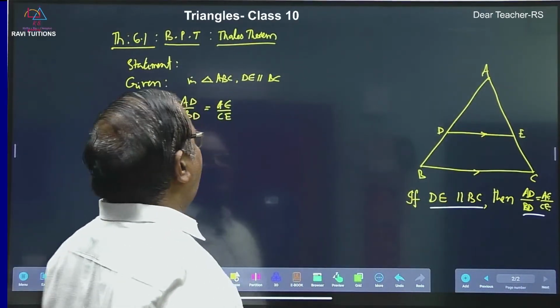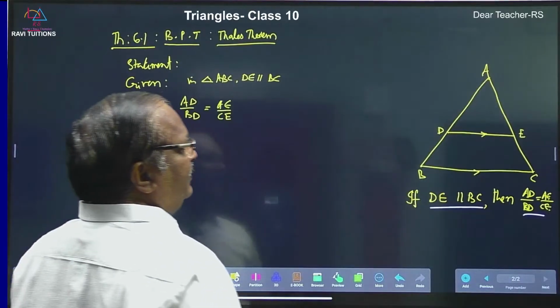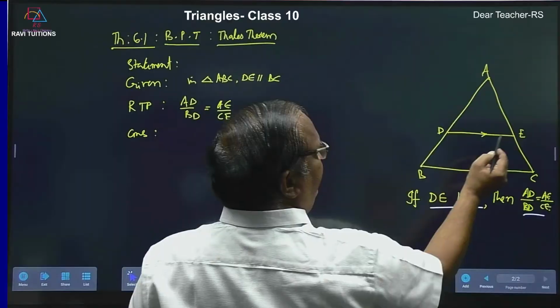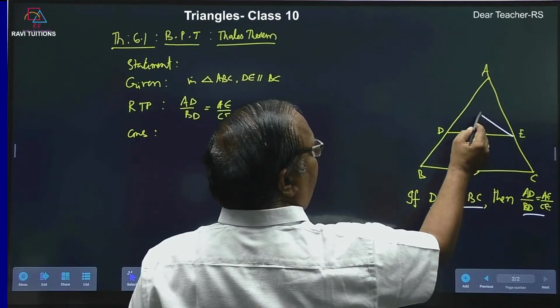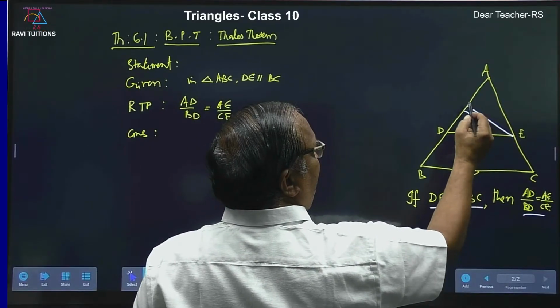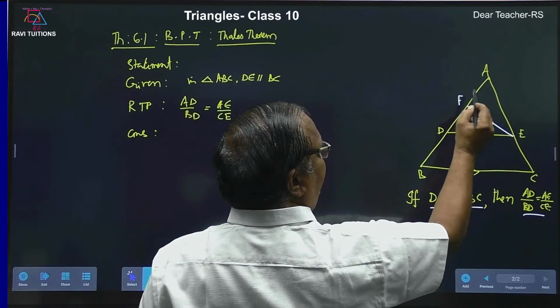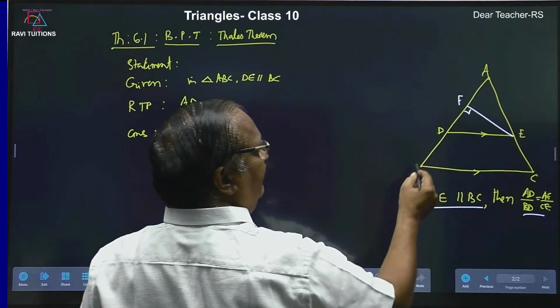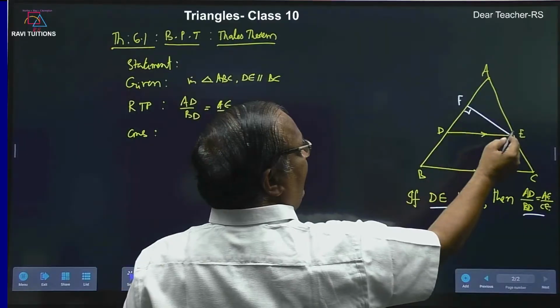So for that I will draw a perpendicular to AB from E. I will name it EF. EF is perpendicular to AB.